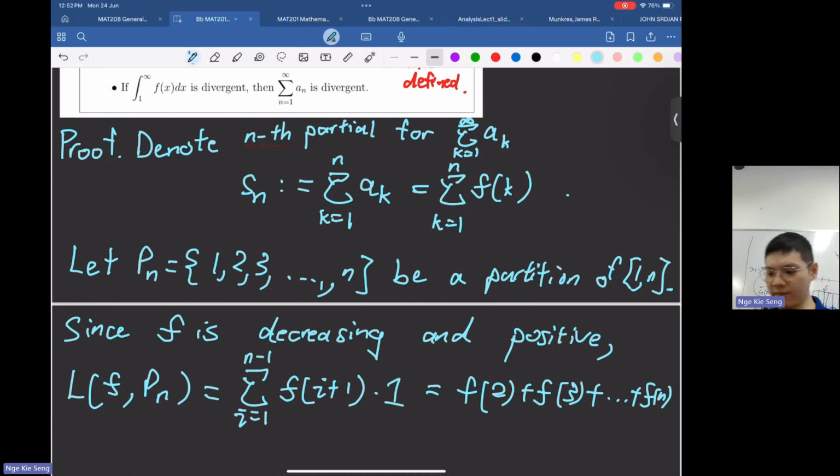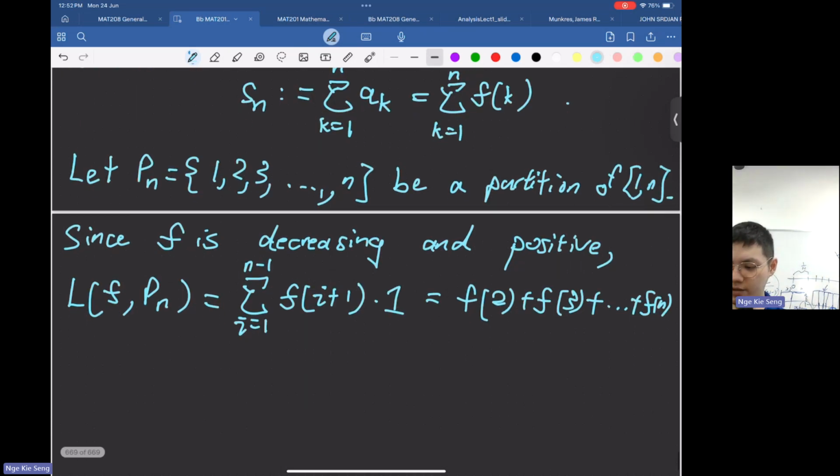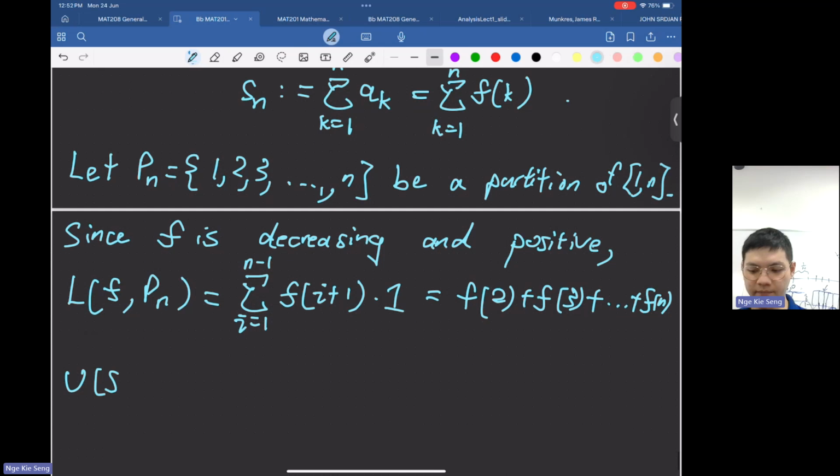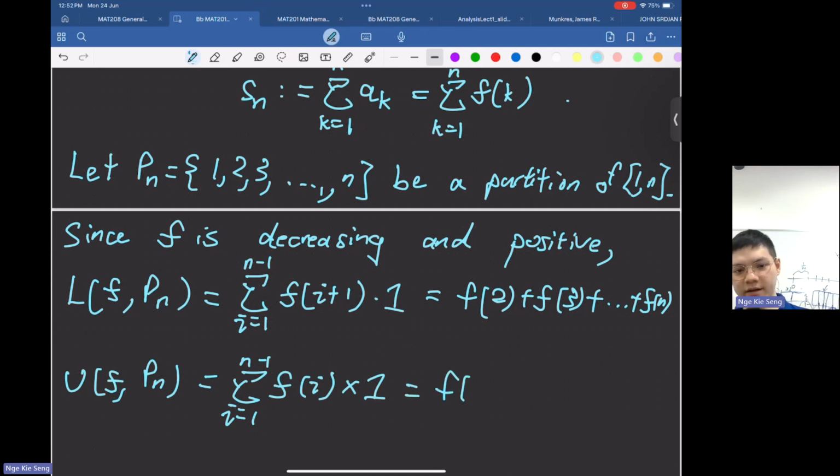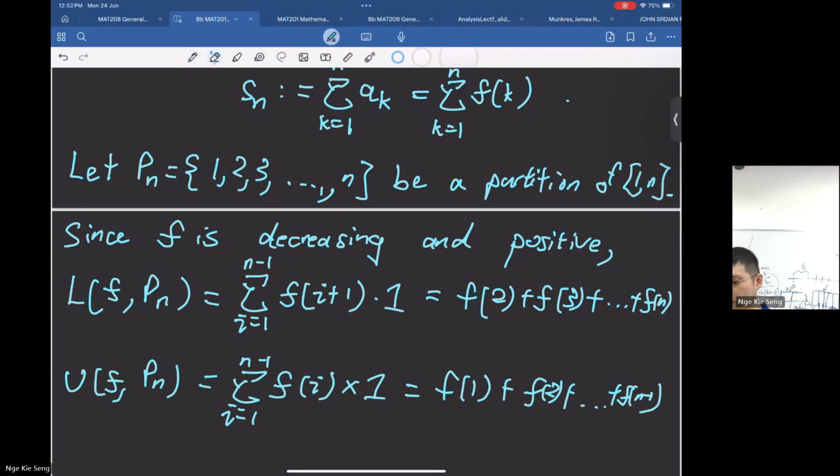But the upper sum is what we discussed just now. The upper sum is exactly f_i times 1, so you start from f_1 + f_2 + ... up to f_{n-1}. These are finite sums, correct?